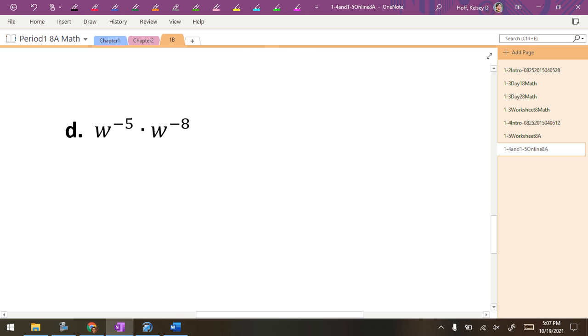Bottom right. Ask yourself, am I multiplying? Am I dividing? Am I raising a power to a power? I am multiplying. Keep the base, w, and add my exponents. -5 plus -8 is -13.